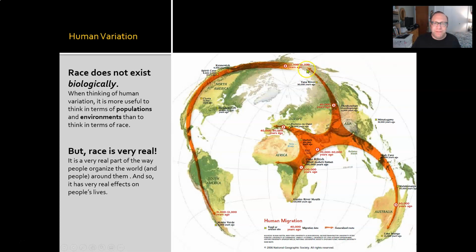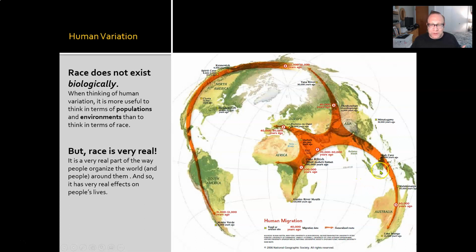By between 15 and 20,000 years ago, at least one, probably two or more groups of Asian populations migrated across a land bridge or along the seacoast into North America, and then very quickly spread throughout the Americas into South America.